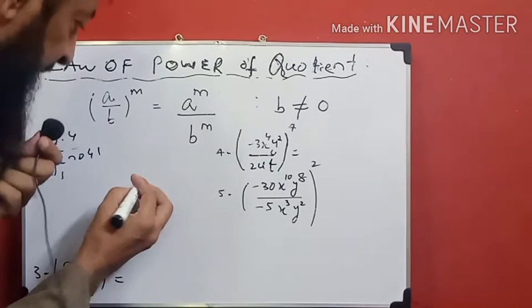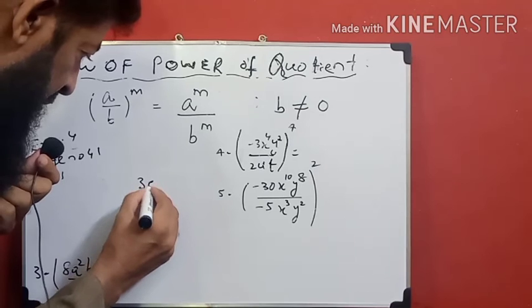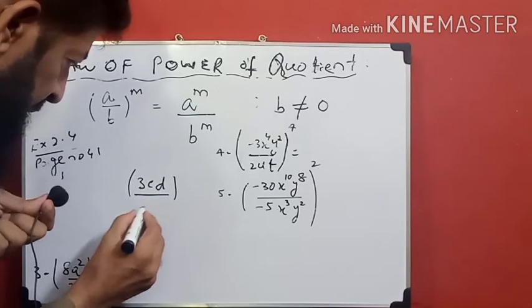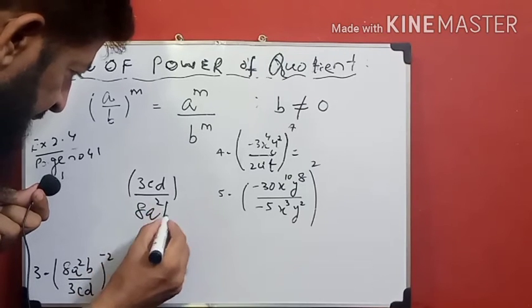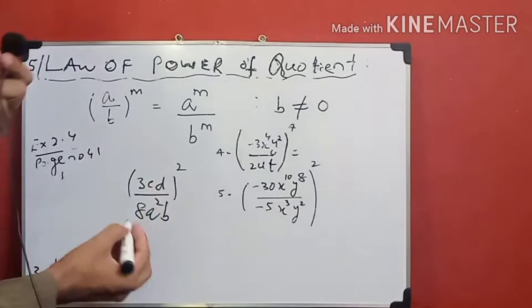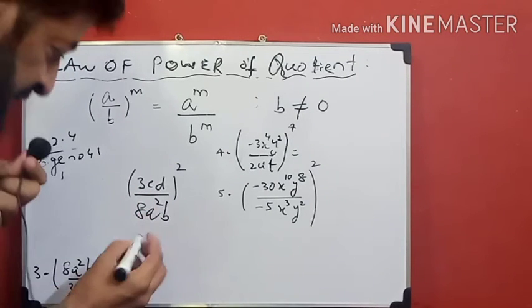That means we write 3cd upon 8a square b raised to power 2. First, when any quotient has a negative exponent, we make it positive by reversing the numerator and denominator, and then we put the power on each and every term.